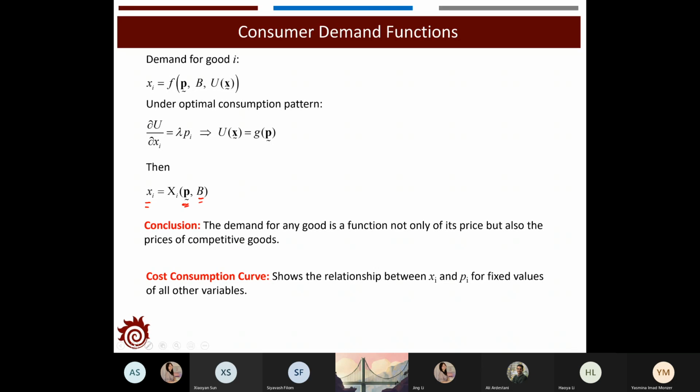For example, for the previous example about the apple and the orange, the cost consumption curve will show the amount of apples you are going to purchase with respect to changes of the price of the apple, assuming that the other variables are constant, that the price of the orange is constant and the budget is also constant.